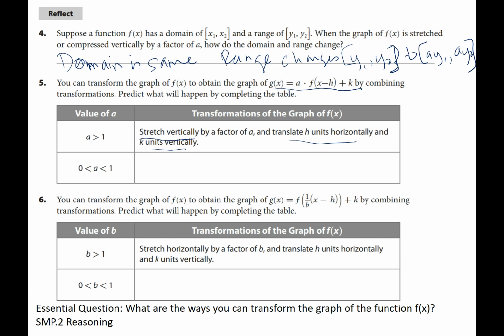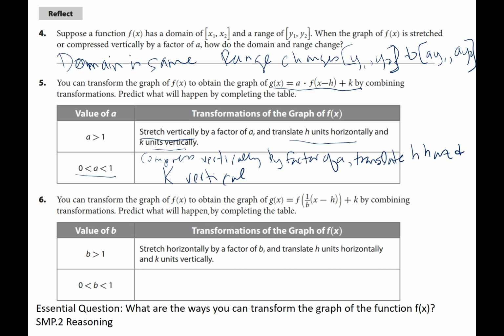The big difference here is that it's going to compress vertically by a factor of a because we're between 0 and 1. And we still translate h horizontally and k vertically.